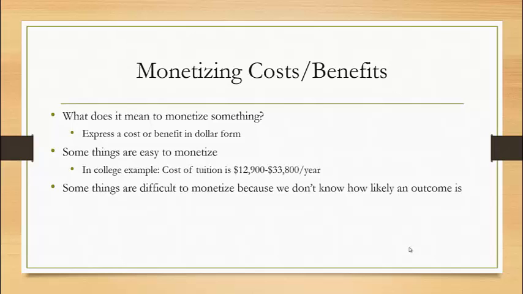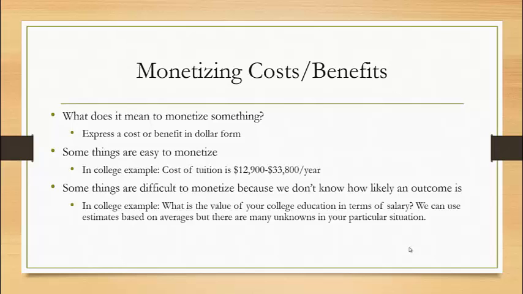But some things are very difficult to monetize because we don't know how likely an outcome is, right? So, for example, one of the benefits of going to college is that you are likely to increase your salary. But the value of your college education in terms of salary depends on what actually happens, right? And so what kind of job do you actually get?